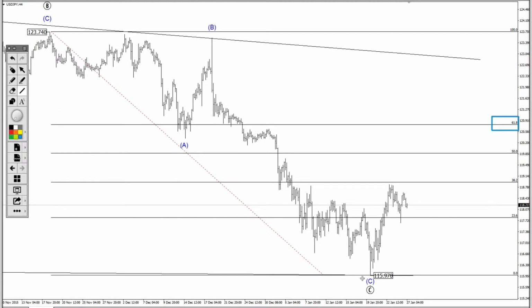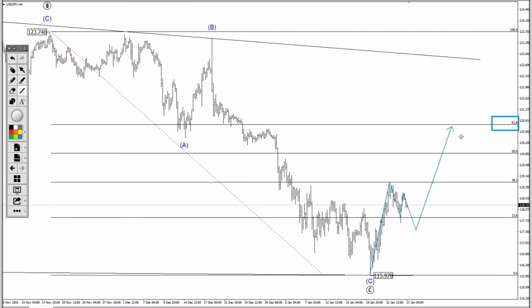So perhaps we can expect a three-wave move. Maybe we get a little bit more downside and then towards the 61.8% Fibonacci retracement level. And from there, one more leg is needed in order to complete this triangle formation. And then the next phase of this very large correction can start.